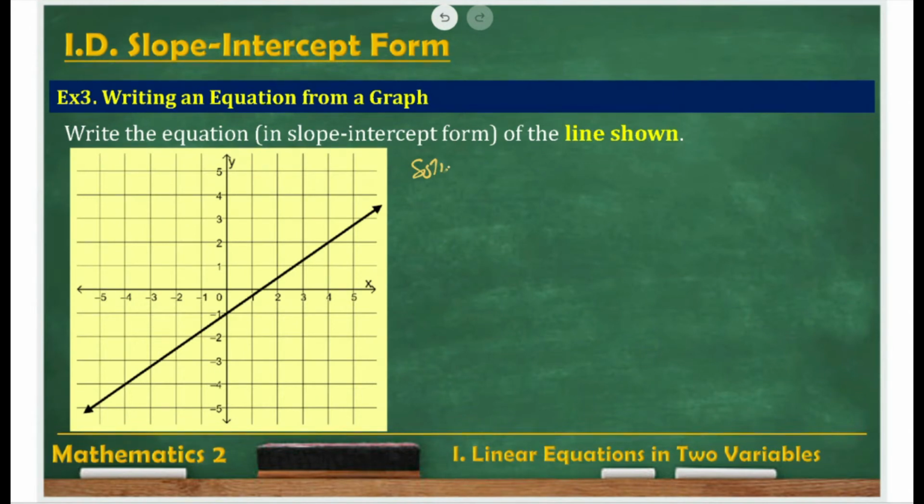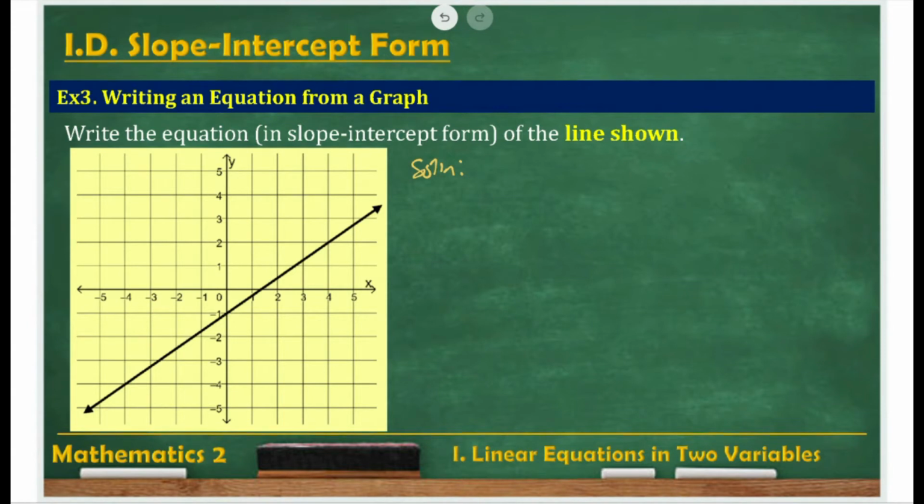Okay, so for our third example, this time, let's try to write the equation of the line from a graph. Write the equation in slope-intercept form of the line shown. For the solution, we need to determine first the slope. How are we going to determine the slope for the given line?